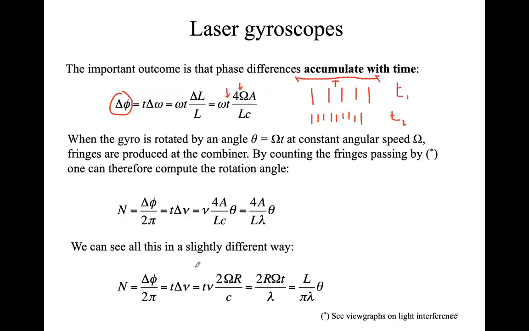If you look at this one here, the only difference is that we substitute theta to be equal to omega t. So it means that since you are moving with a constant angular velocity, the angle of the spacecraft, its orientation, is equal to the angular velocity of the spacecraft times the time.